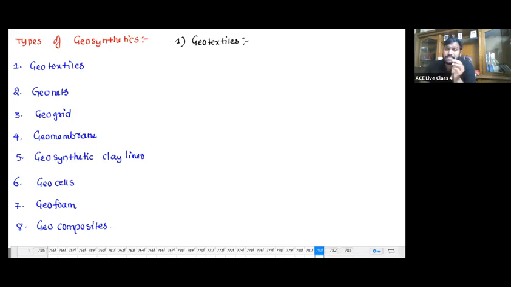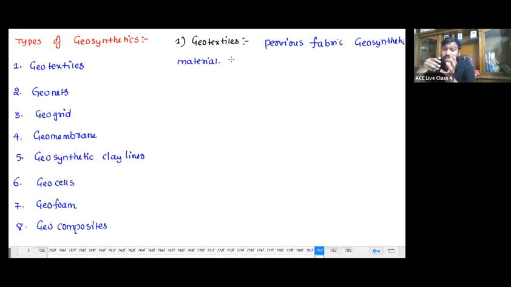You observe this geotextile, the name itself, textile, it's just like a shirt. Is it going to be pervious or impervious? Pervious. It's a pervious fabric geosynthetic material.